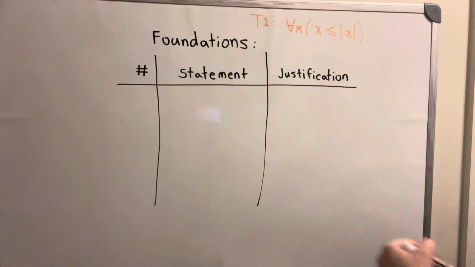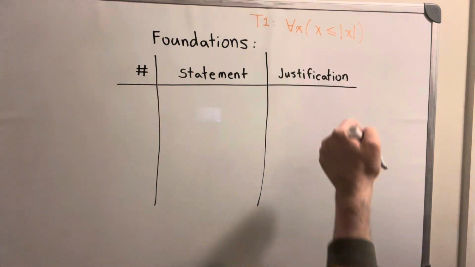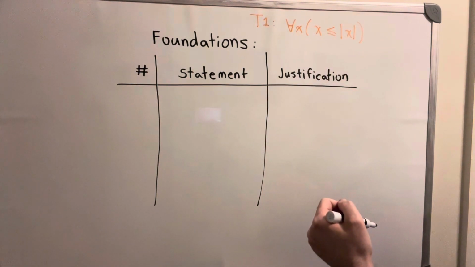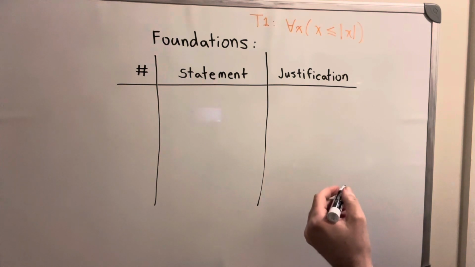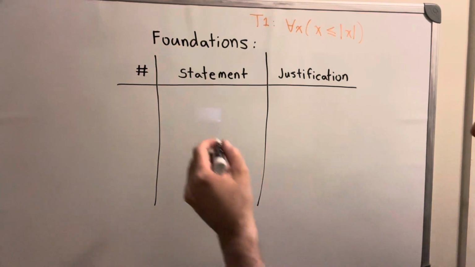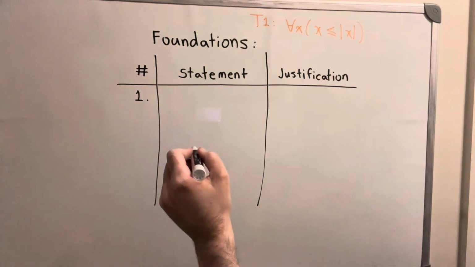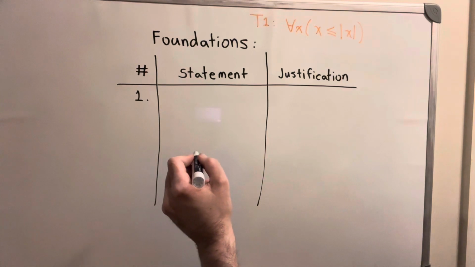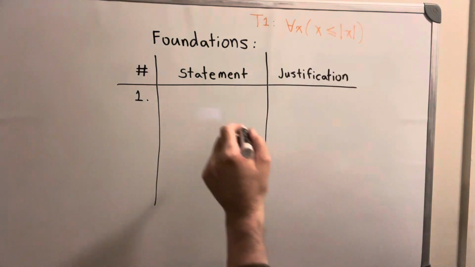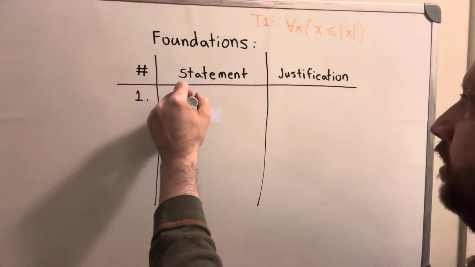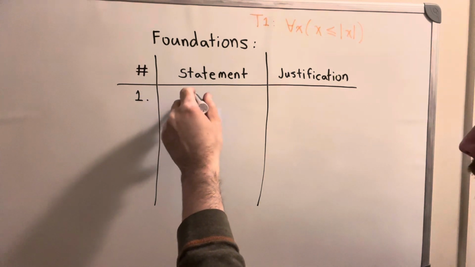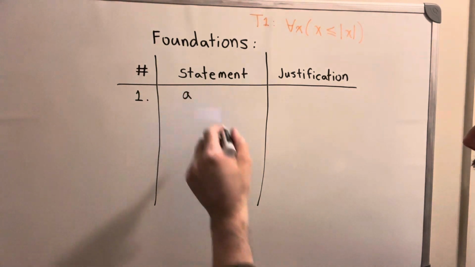So we'll start out, we showed that for all x, x is always less than or equal to the absolute value of x. So let's put a statement here like 1. And we're going to use another letter for the real number in question. We're going to say some a, and it has to be an arbitrary a. We're not saying any specific a.